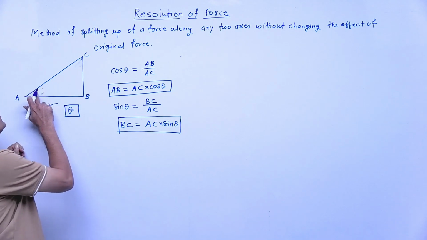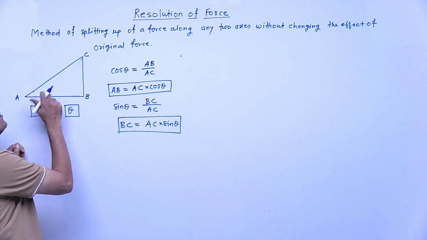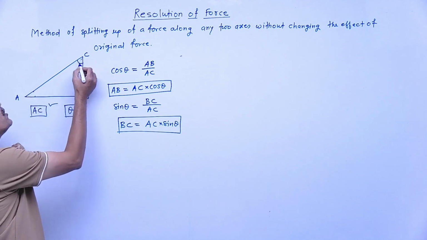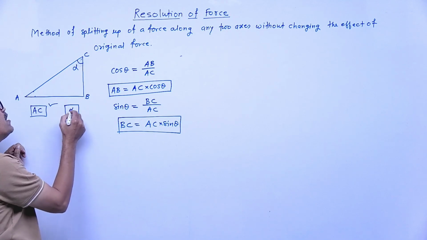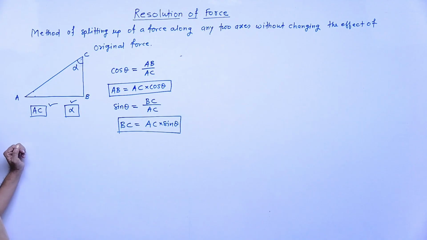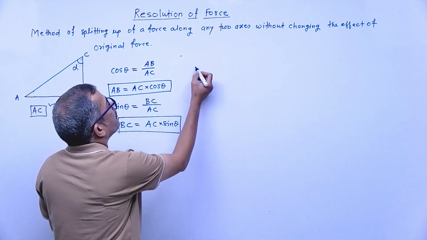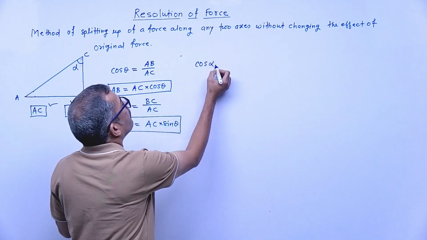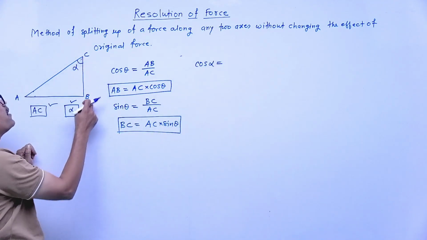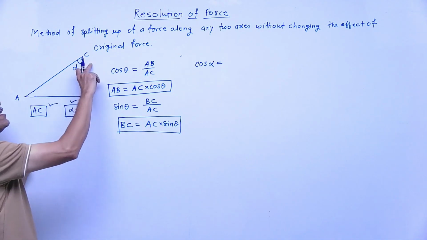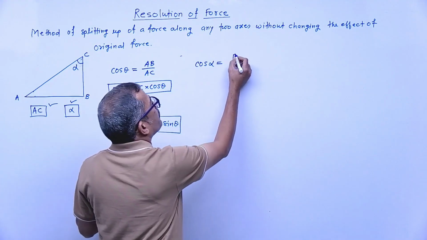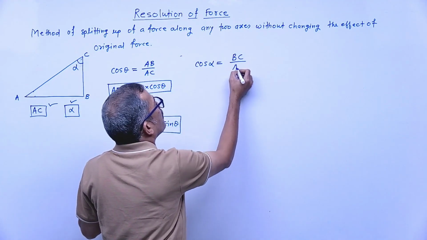Suppose the inclination of this hypotenuse with the vertical is known, say angle alpha. You know AC and alpha now. Again, what is cos alpha? In this triangle, the length of the side adjacent to the angle is BC, so it is BC upon hypotenuse.